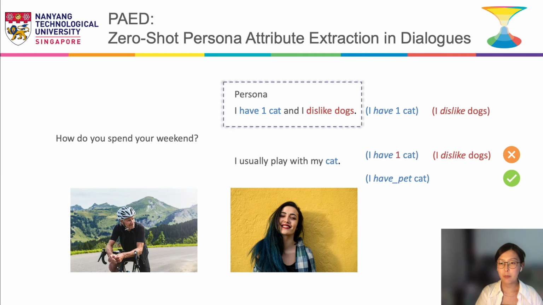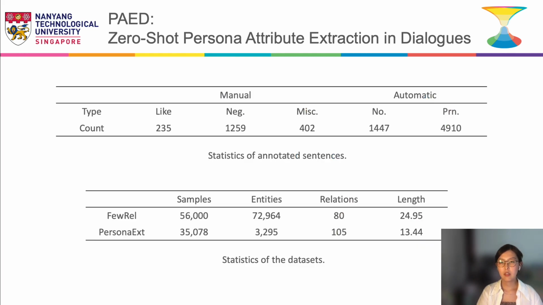Therefore, we propose a semi-automatic annotation method to rebuild a dataset for PAD tasks with both specific and consistent labels. Our new dataset is named PersonaX.